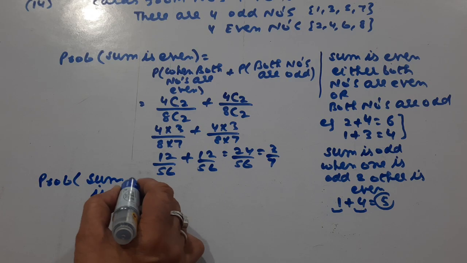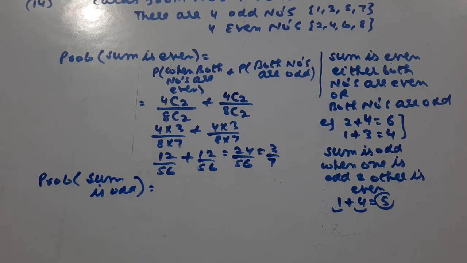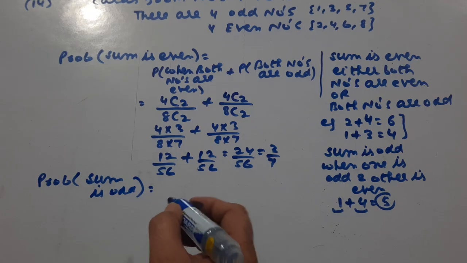Sum is odd. Now, as I told you, the sum of two numbers is odd when one number is even and the other is odd.